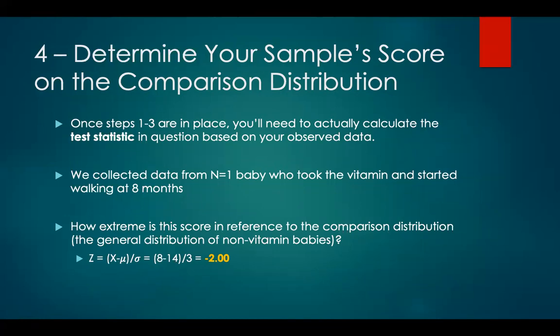How extreme is the score of 8 in reference to the comparison distribution, the null distribution, the general distribution of non-vitamin babies? Let's calculate that z-score. Our score, 8, minus the mean of that null distribution, which is 14, divided by the standard deviation of that null distribution, which is 3. So our z-score is negative 2.